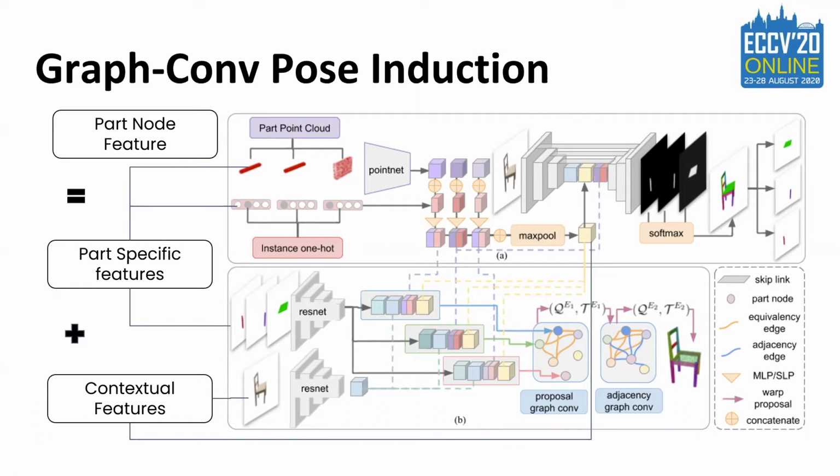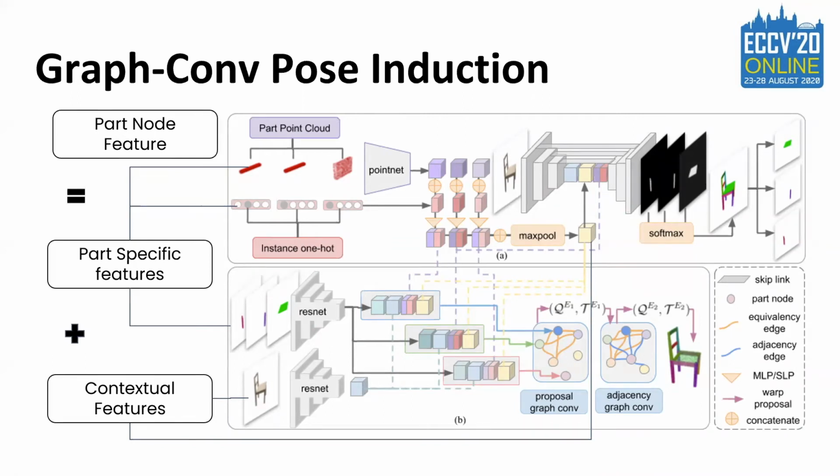Specifically, the part-specific features include the 3D feature extracted using PointNets, as well as the instance one-hot vector used in the segmentation prediction stage. Additionally, a part-specific 2D feature is added by extracting one-channel ResNet feature from the predicted masks. We also add a set of contextual features, such as the 3D global feature used in the segmentation stage and the image ResNet feature to offer a global perspective for each part node.